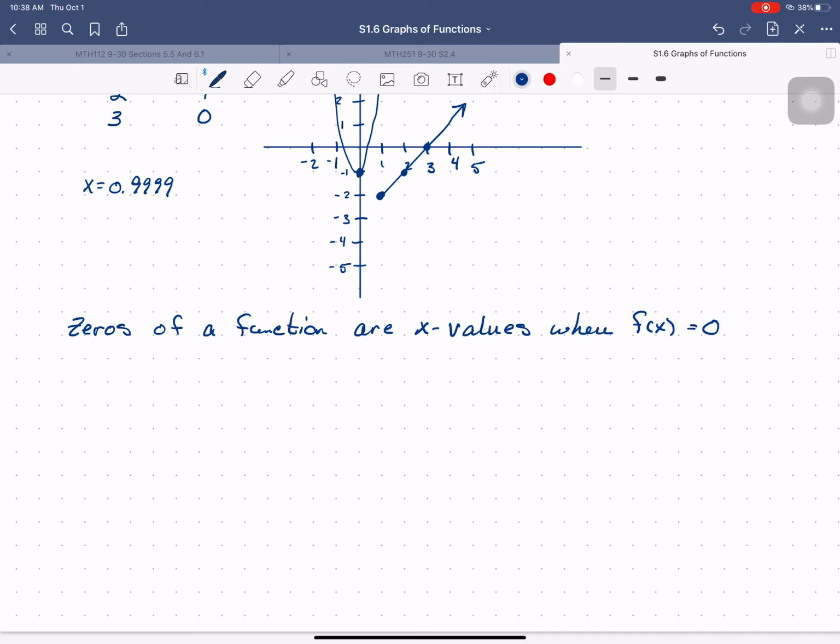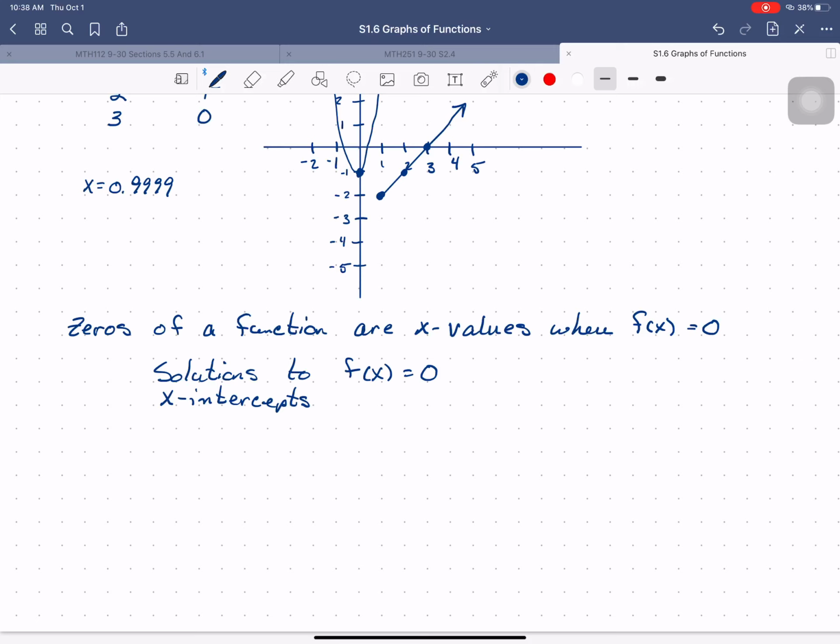In other words, they are the solutions to the equation f of x equals 0. They are also the x-intercepts, because the y-coordinate of every x-intercept is 0.